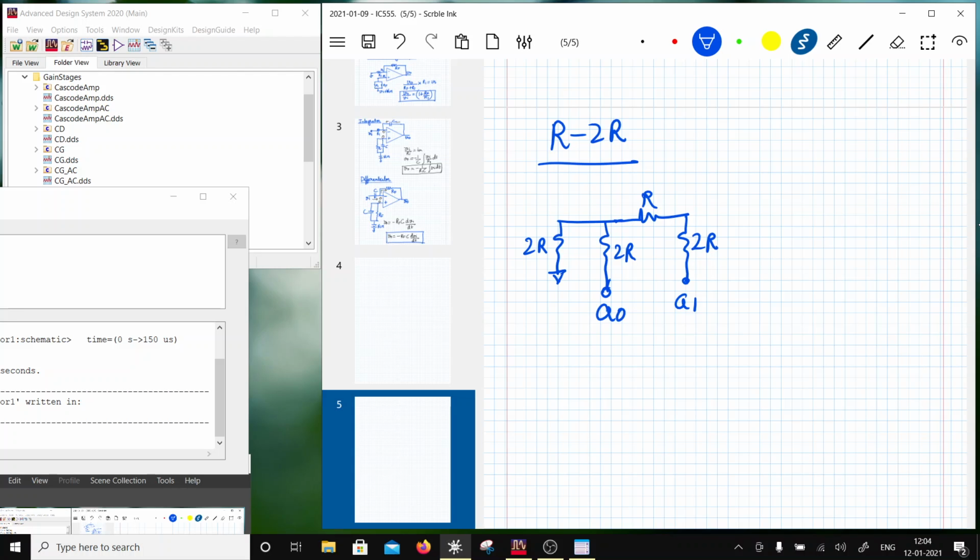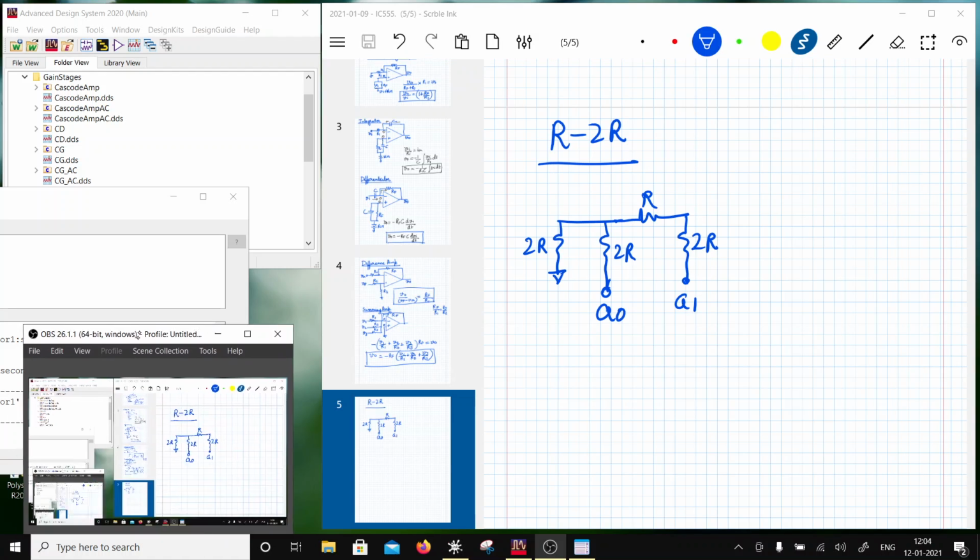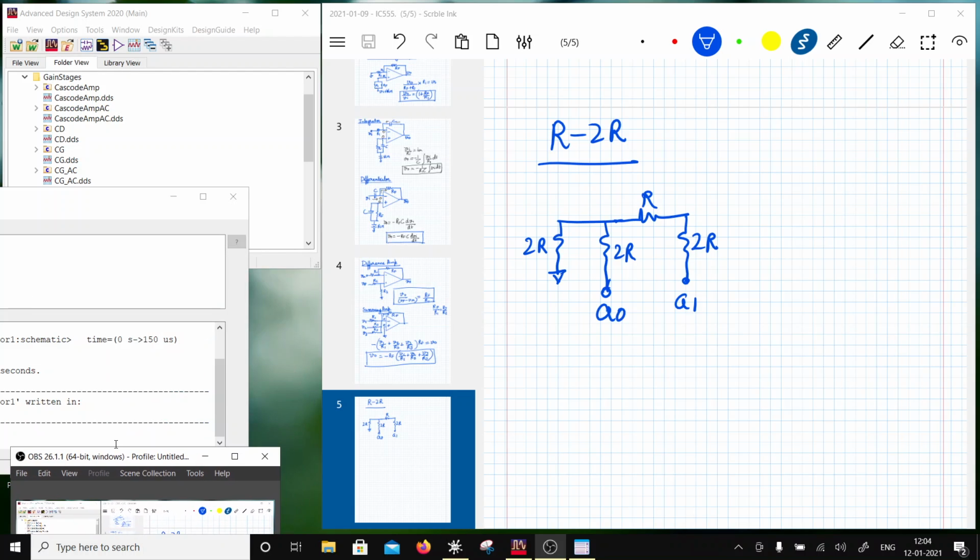So this way, if you keep going, you can add as many bits as you like. Okay, so let me see if I'm recording it. Yeah, I'm recording it. So you can put, let's say, 4 bits for now. So we are going to try this one.